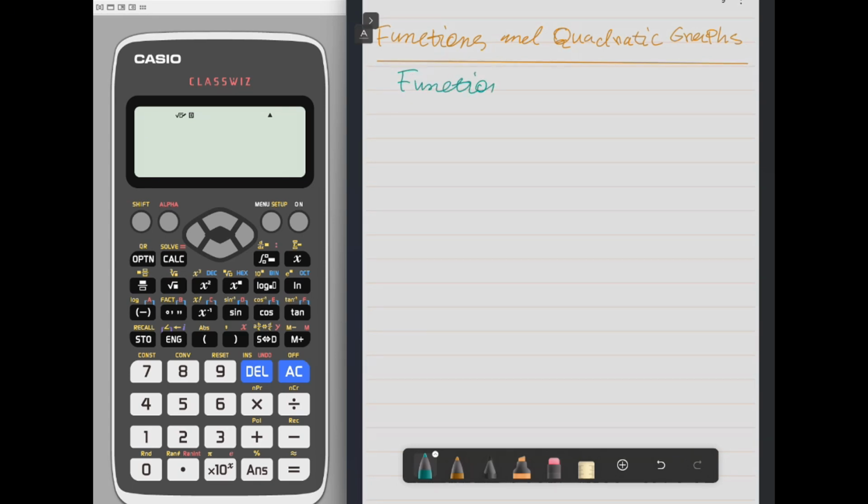You have functions. And guys, if you have the function f of x, then you will have 3 terms associated with this f of x.